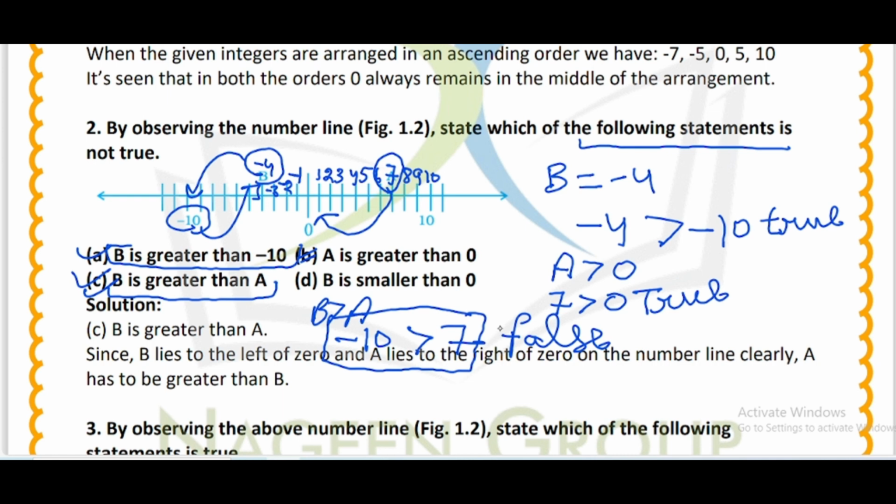It means it is also true. Then part C says B is greater than A. Then the value of B is -4. -4 is greater than 7, which is false. Then the right answer is part C.